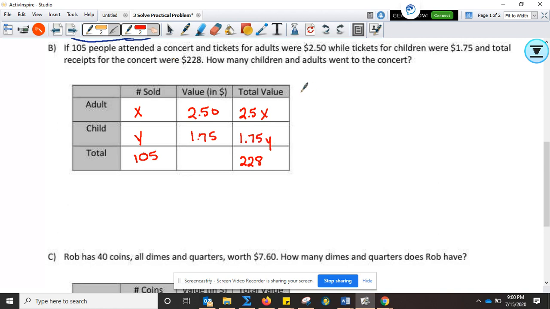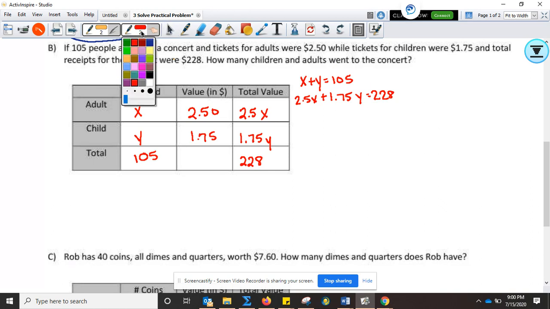Now I'm going to write my equations. X plus Y equals 105. 2.5X plus 1.75Y equals 228. I'm going to use elimination again, and this time I'm going to multiply my top equation by, let's say, -2.5.